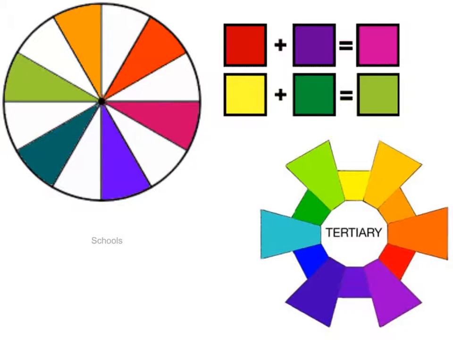Secondary colors have names, green, purple, orange. And tertiary colors are usually just named what they look like. You might say orangish red, or yellow orange, or yellow green, right? So, if you mix a secondary color and a primary color together, you get a tertiary color.